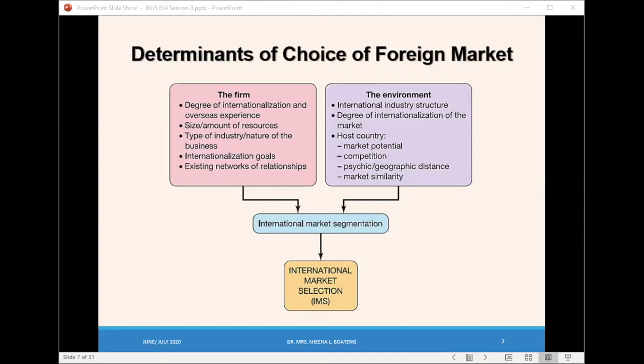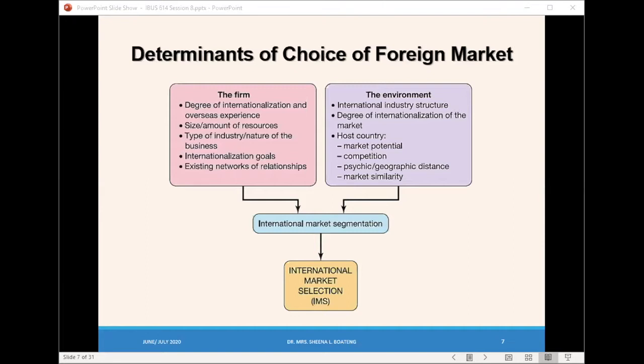A firm may be going international because perhaps the local market is too saturated for the product that they are currently selling, and therefore they are looking for a new place to sell the excess that they have. Or they believe that they have a unique product that is worth selling in other markets where they can get perhaps higher returns on their investment. Some firms will also go international to benefit from what we call economies of scale.